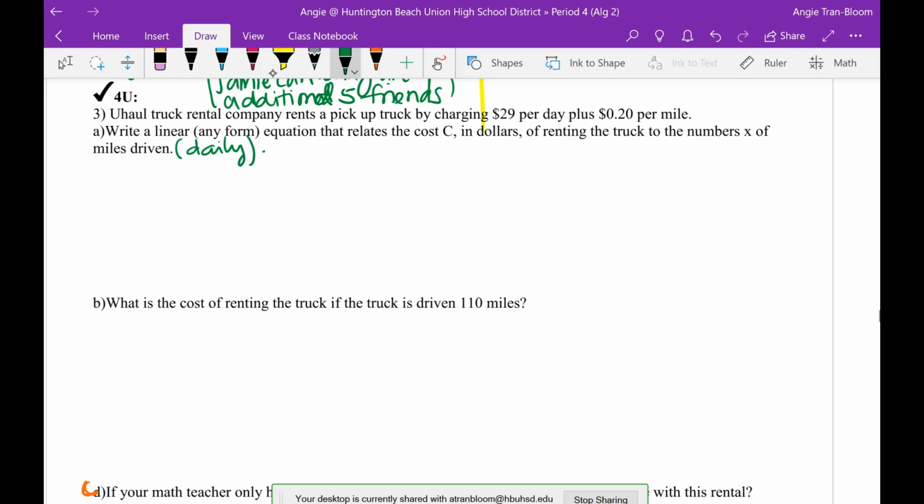Read the question again. If you can solve it all the way, great. If you can highlight the important stuff, great. If you can just write an equation, great. I want to see how far you can go in that amount of time.